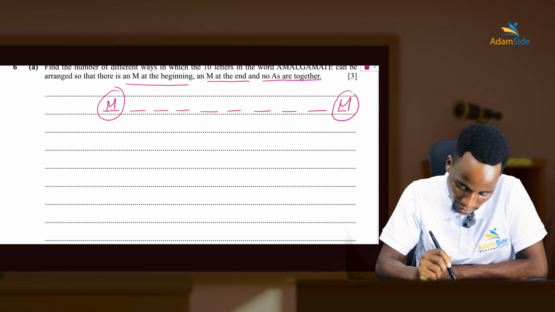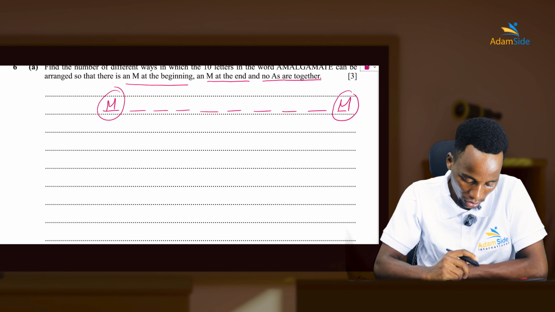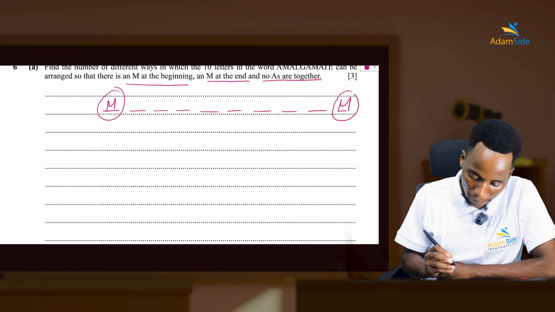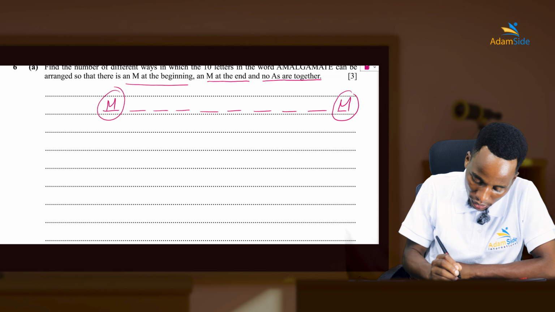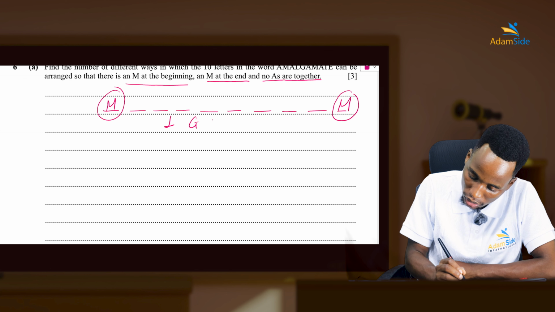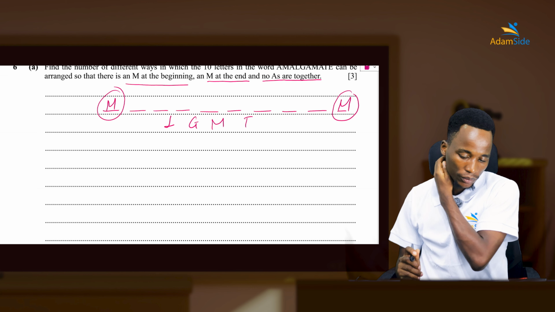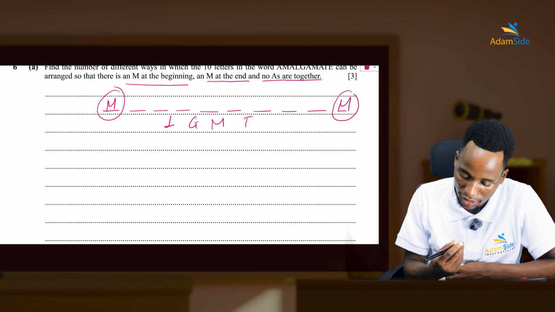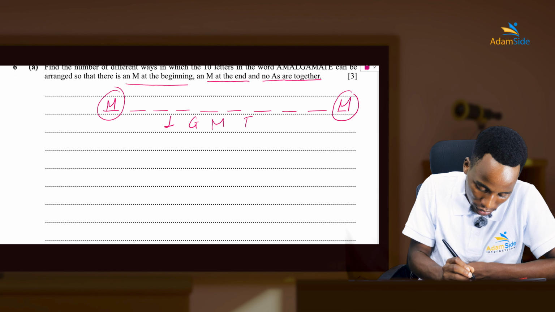Since the condition says M at the end, M at the beginning, and no A's together, we are supposed to lay down all that we can keep together. So what can be together from the rest is L, G, M, and T. This is what can be all together. We know the positions that we can keep those A's; we have to count them.